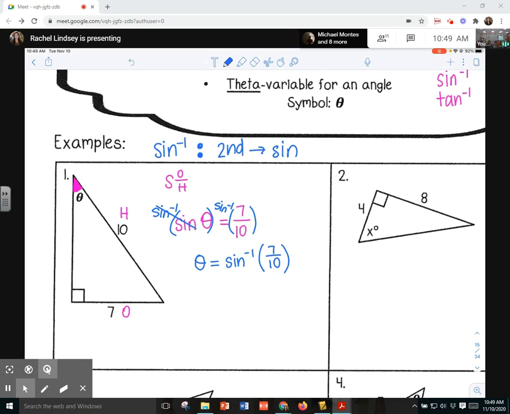So we will round to 1 decimal place. So you're going to hit green key sine 7 divided by 10, and you should get theta equals 44.4 degrees.